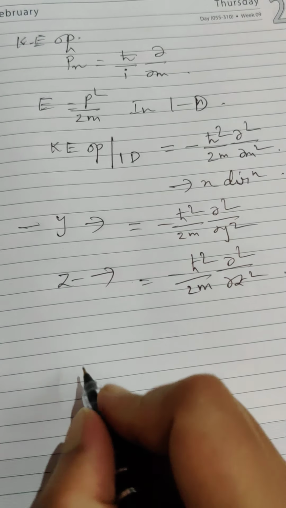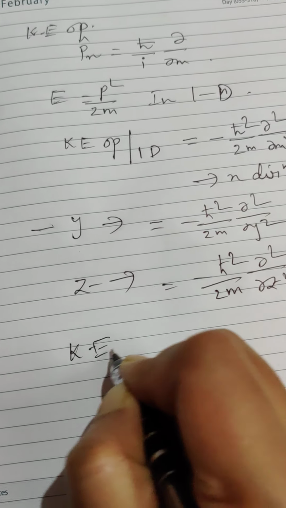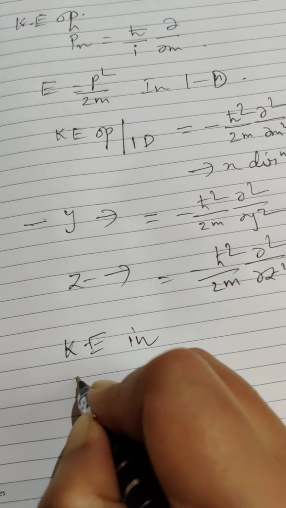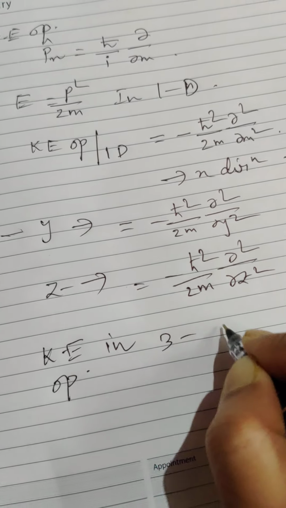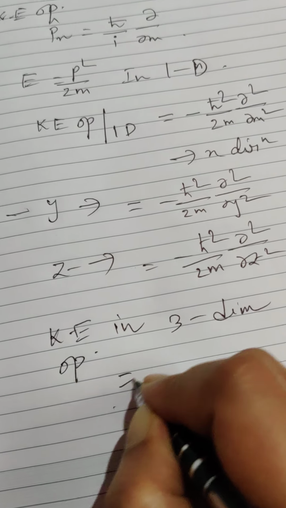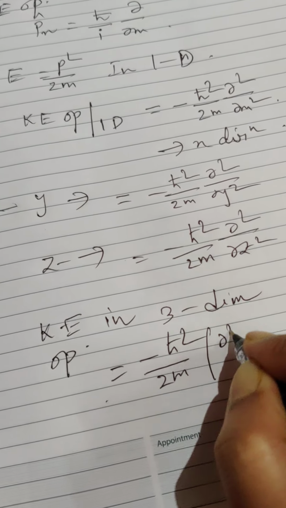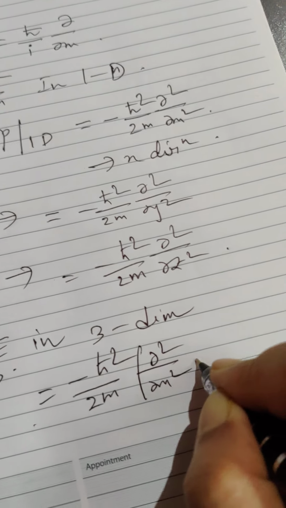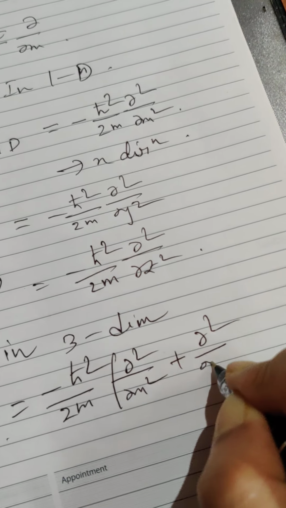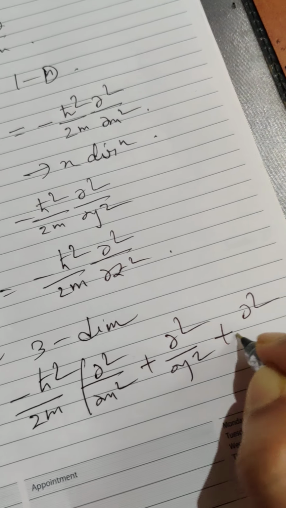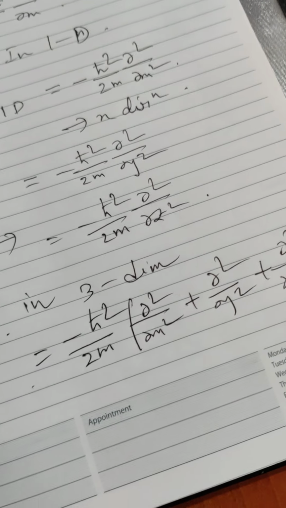Now the kinetic energy operator in 3 dimensions is equal to minus ħ squared by 2m (∂²/∂x² + ∂²/∂y² + ∂²/∂z²).